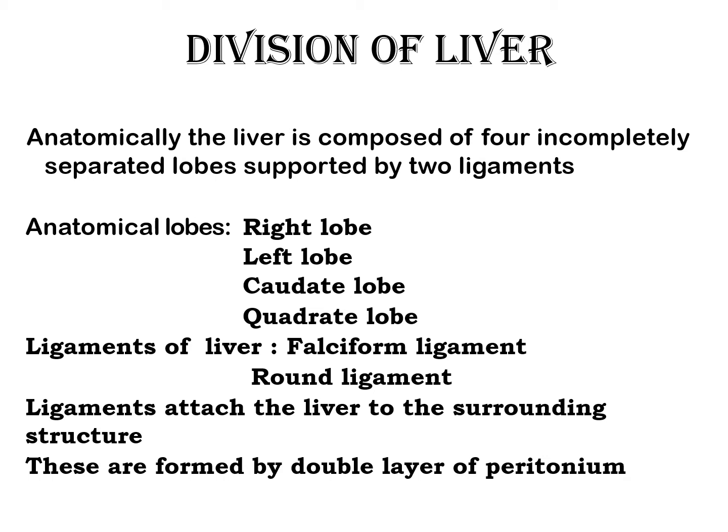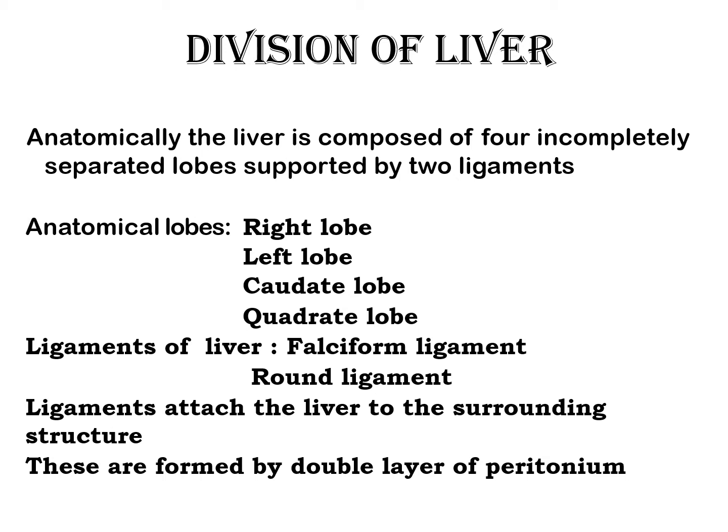There are 2 types of ligaments attached to the liver. These are the falciform ligament and the round ligament. The falciform ligament and round ligament are meant for the attachment of the liver to the surrounding structures.